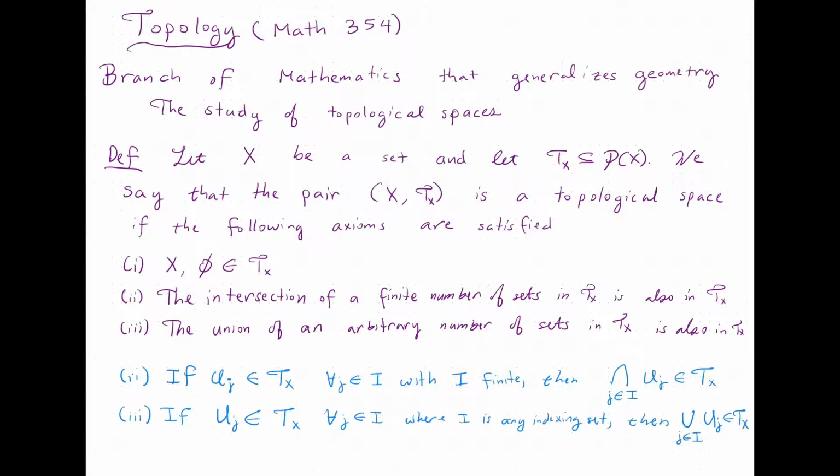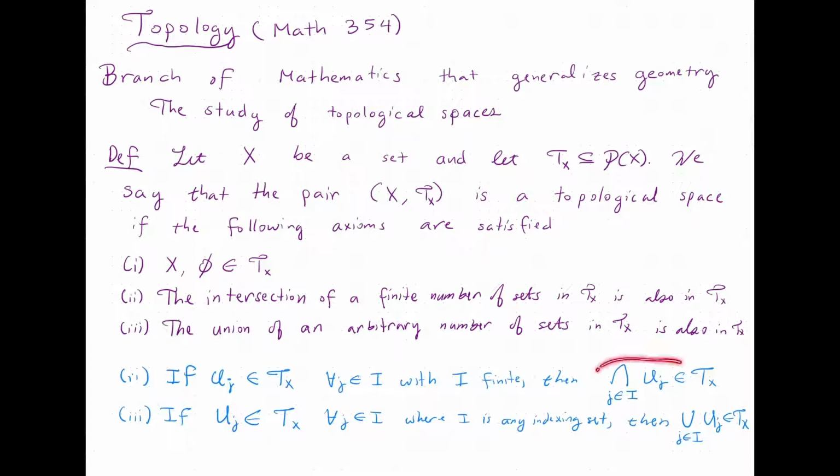And then if we take the intersection, by construction, I is finite, so this is a finite intersection, then this is back in T sub X. And similarly, for 3, the union of an arbitrary number of sets in T sub X is also in T sub X. We have that u sub j is in T sub X, where now the subscripts, the j's, are in some arbitrary indexing set I. So this I could now be infinite.